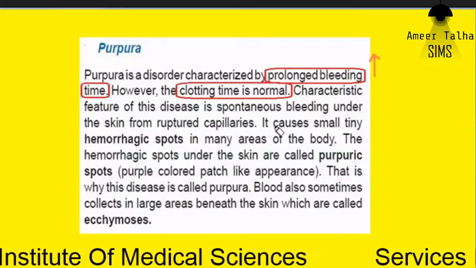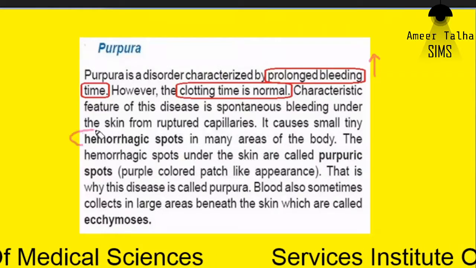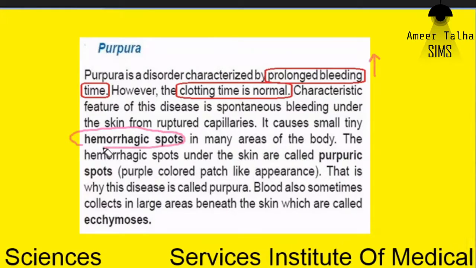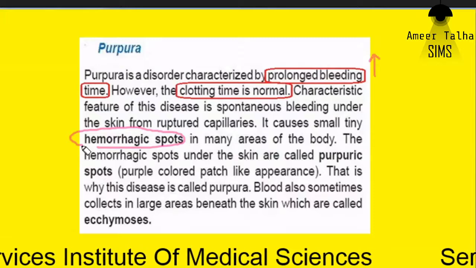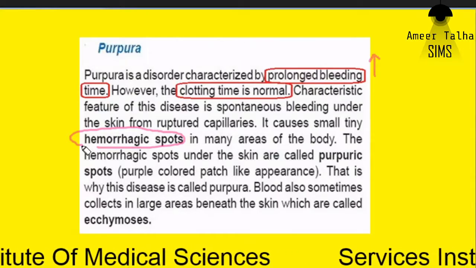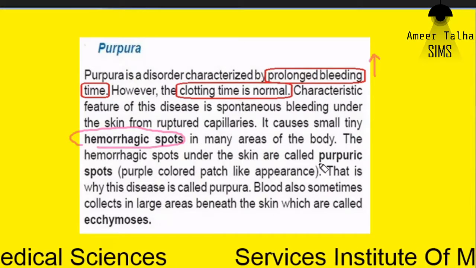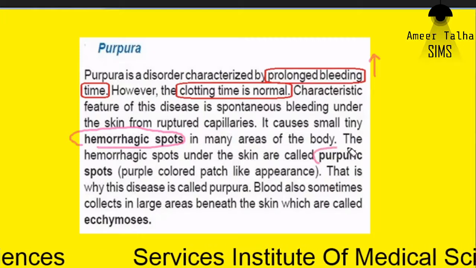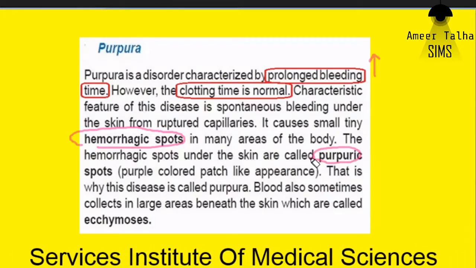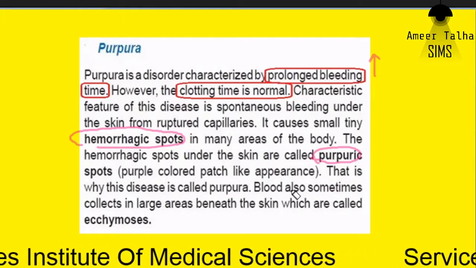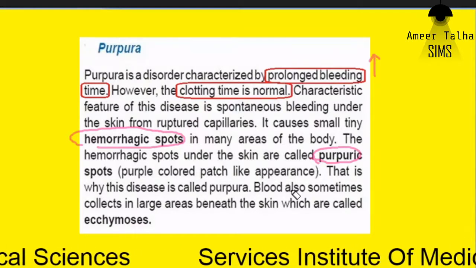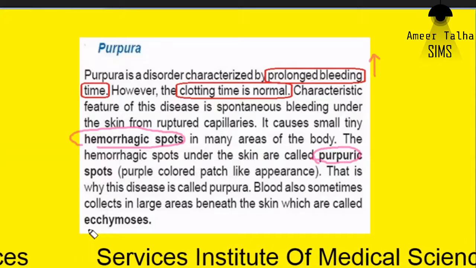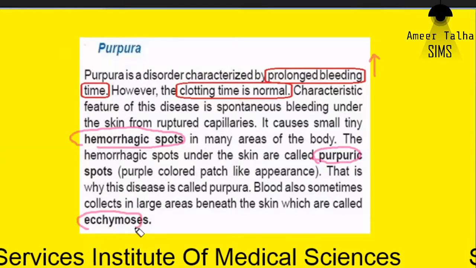So what happens in purpura? There are small hemorrhagic spots, bleeding spots, present under the skin, and since they appear purple colored, we use the term purpura. Sometimes there are large areas of blood beneath the skin, and this is known as ecchymosis.